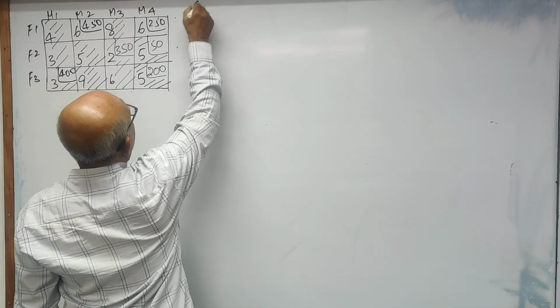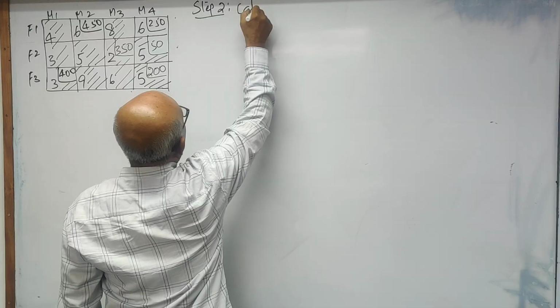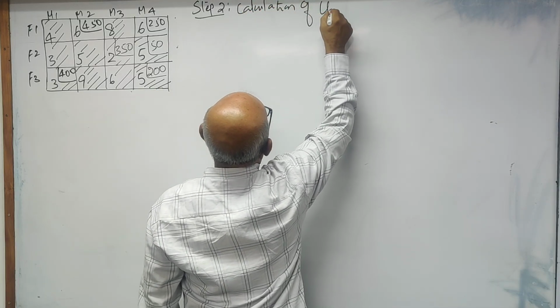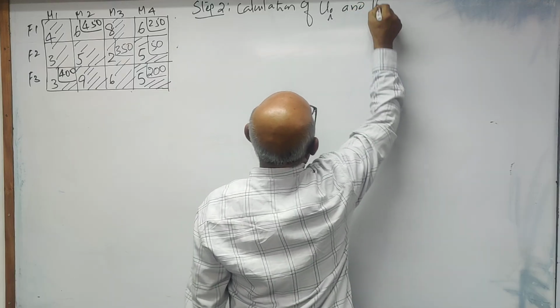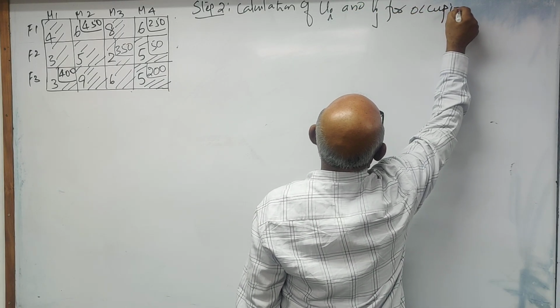Step number 2, calculation of UI and VJ for occupied cells.